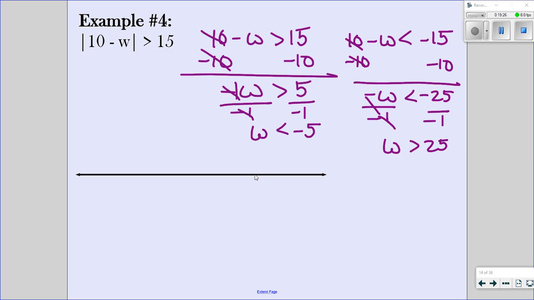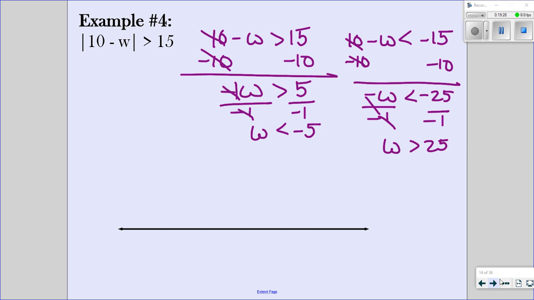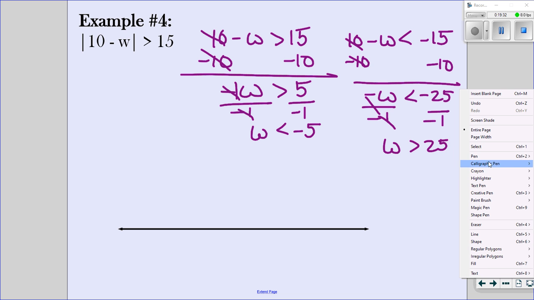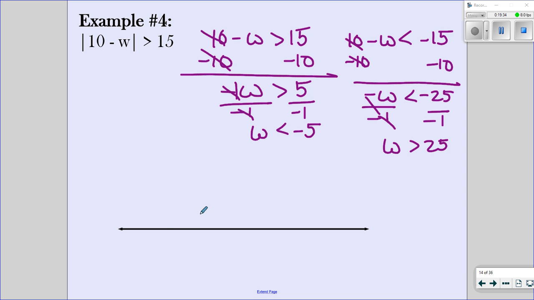And let me move this down further. Going to put my numbers. So this would be a -5, and then this would be a 25. This is going to be an open circle, and this direction, since it's less than, it's going to the left, and this greater than, it's going to the right.